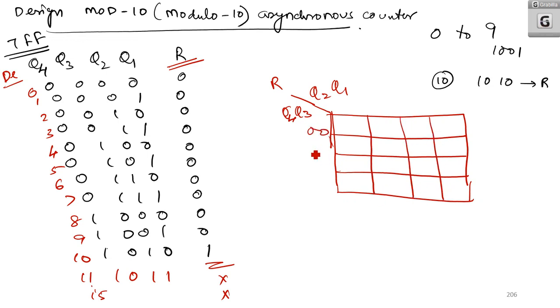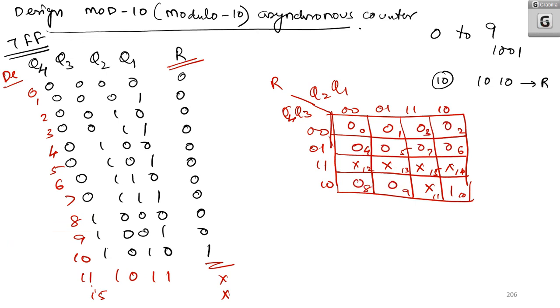Here having 0, 0, 0, 1, 1, 1, 1, 0, and the cells numbered 0, 1, 2, 3, 4, 5, 6, 7, 8, 9, 10, 11, 12, 13, 14 and 15. Now reset is 1 for 10. For 11, 12, 13, 14 and 15 it is don't care. And for all other elements it remains 0.